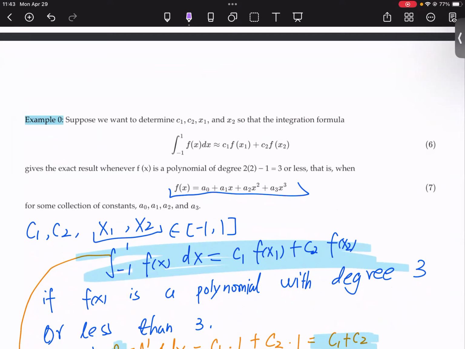Which means that by the definition of the degree of precision, this quadrature rule can be exact for this polynomial.